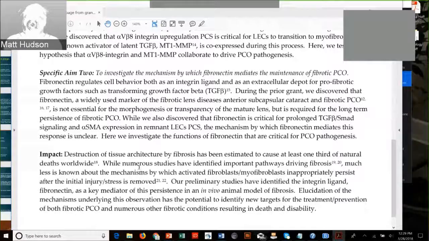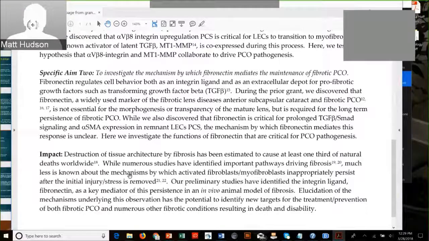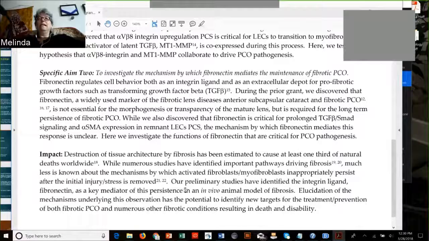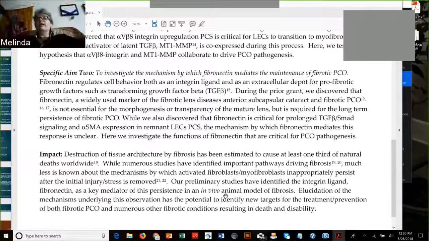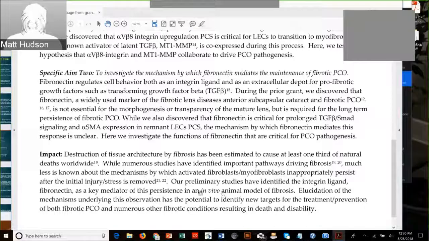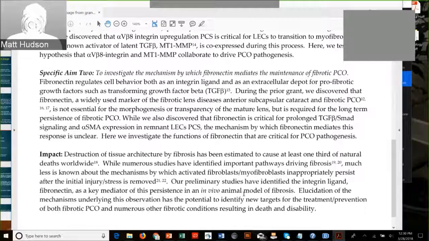I'm talking about why we need new studies involved in fibrosis. I'm saying my preliminary data is related to one model of fibrosis, and if I can figure out how to block these pathways in this model of fibrosis, it could be important in all sorts of conditions.